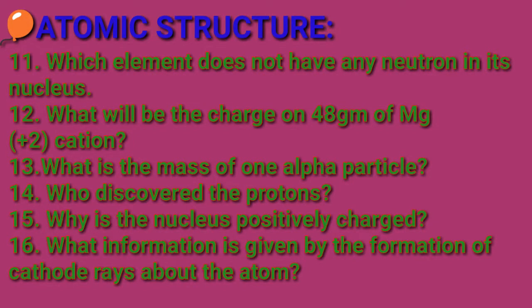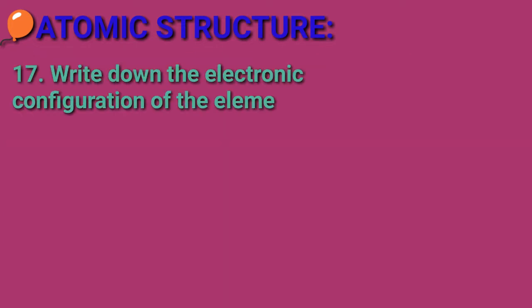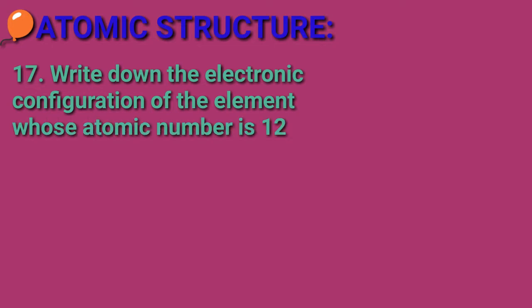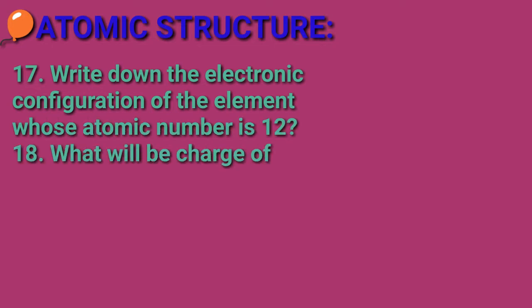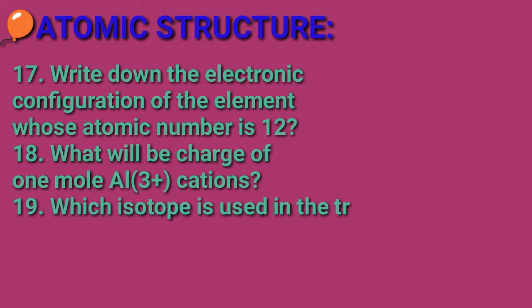Number 16, what information is given by the formation of cathode rays about the atoms? Number 17, write down the electronic configuration of the element whose atomic mass is 12. Number 18, what will be the charge on 1 mole of aluminium 3+ cation?